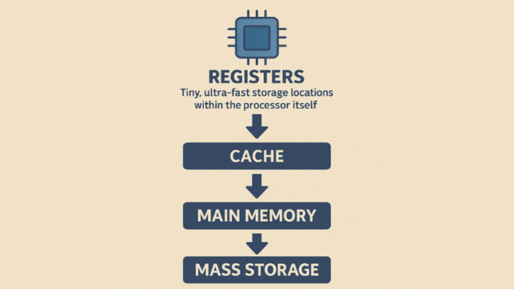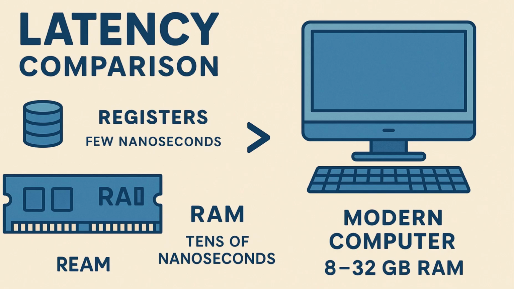Modern processors have multiple levels of cache, L1, L2, L3, with increasing size but decreasing speed. RAM comes next, larger but slightly slower. A modern computer might have 8 to 32 gigabytes of RAM, accessible in tens of nanoseconds.